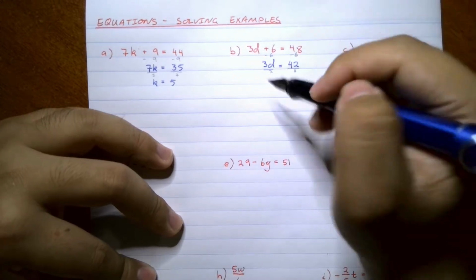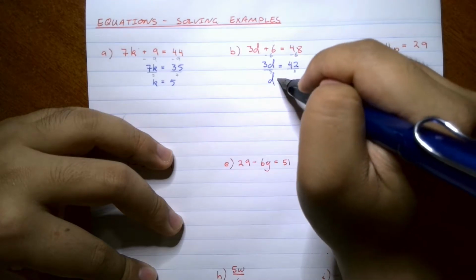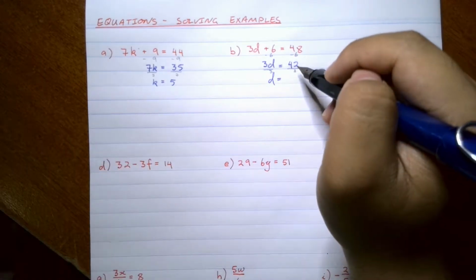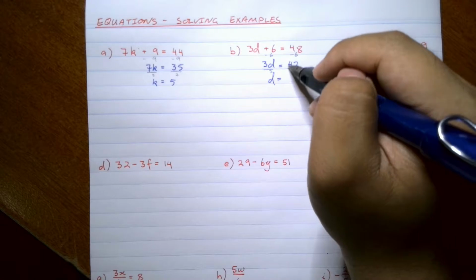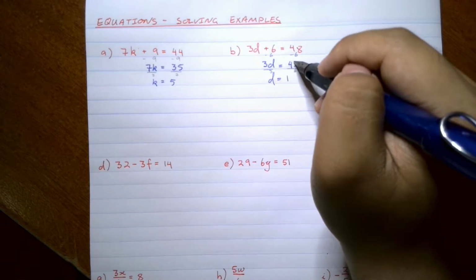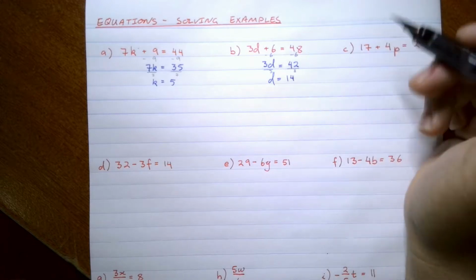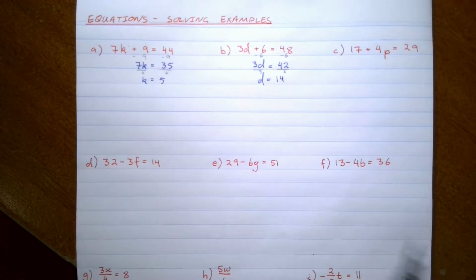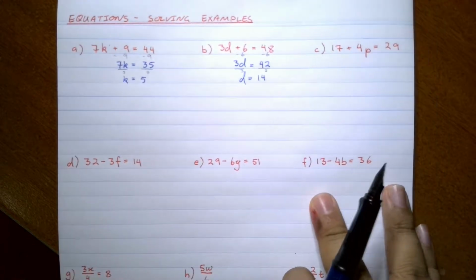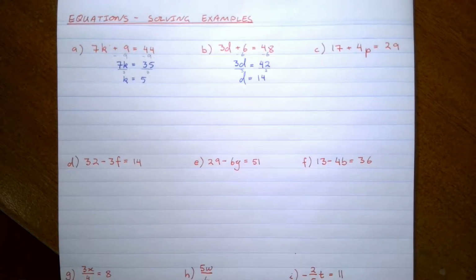This will leave us with d by itself. 42 divided by 3, well, 3 goes into 4 once, remainder 1, gives us 14. At any time you can check these solutions.